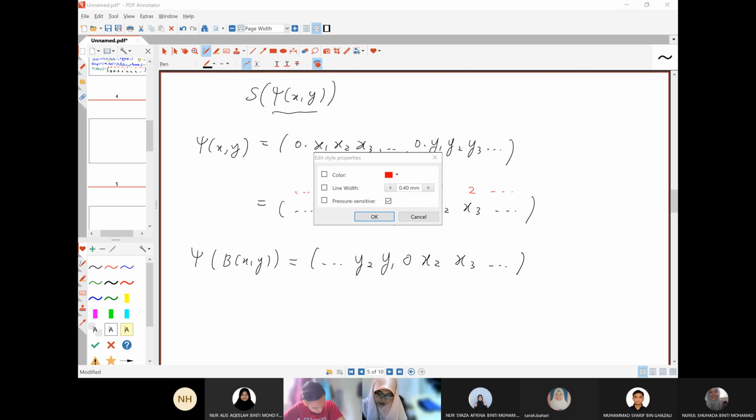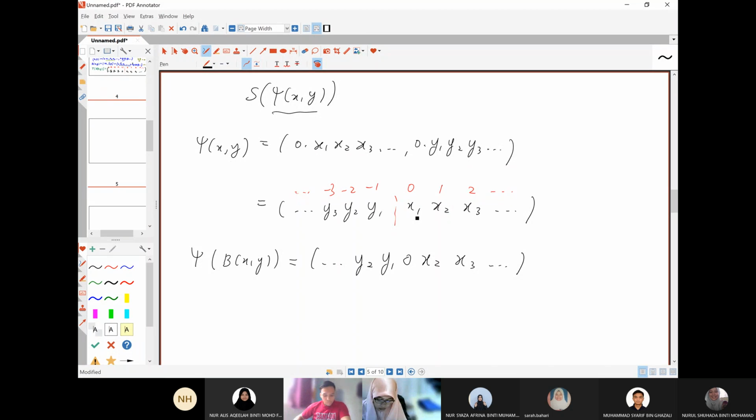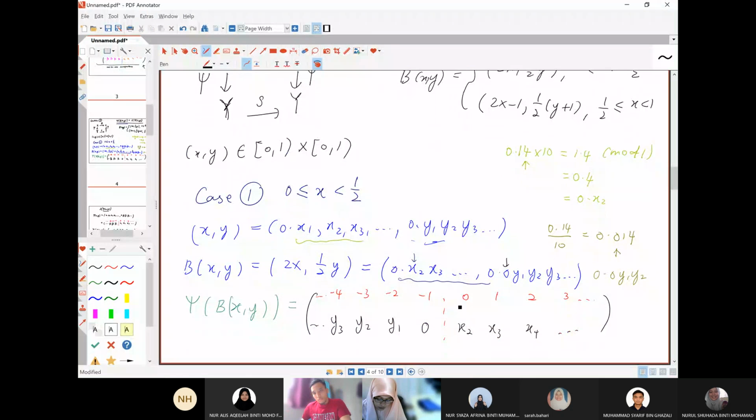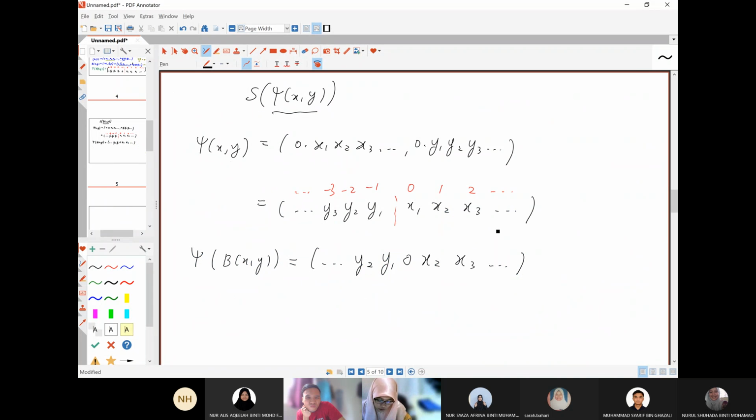Ini dapat daripada previous. Okay. Alright. So yang ni dapat daripada ni tadilah. Psi bxy. So you have y3, y2, y1, 0, x2, x3. So this one is for the case of x less than half.